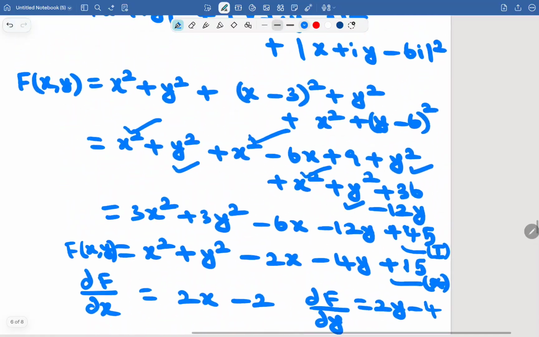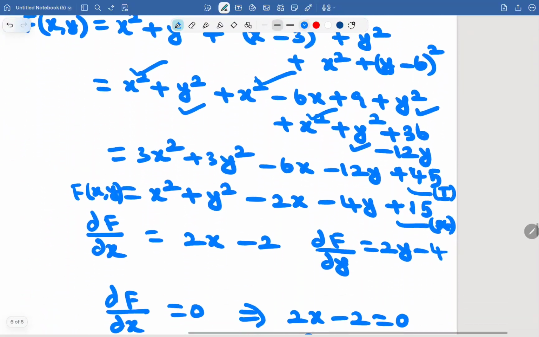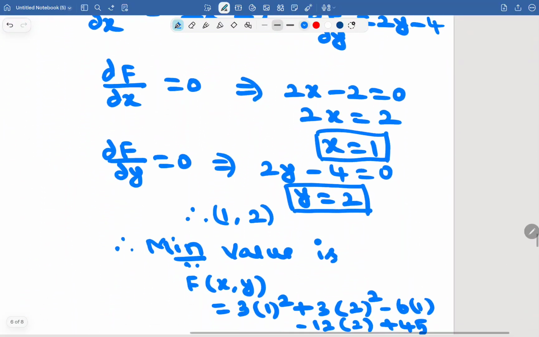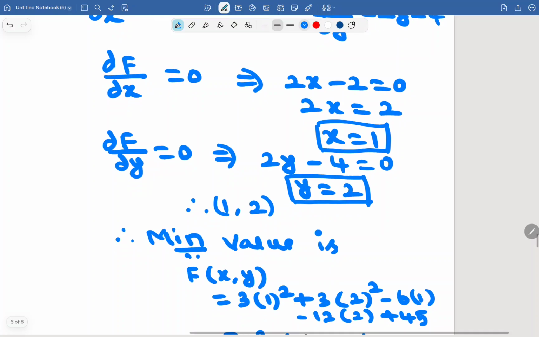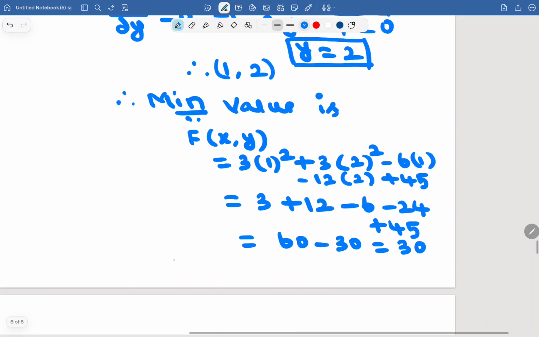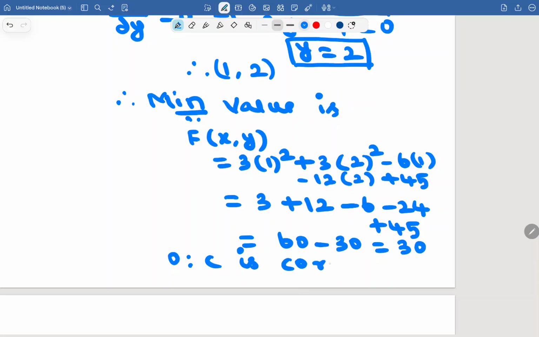For this problem, 30 is the correct answer. Option C is the correct option.